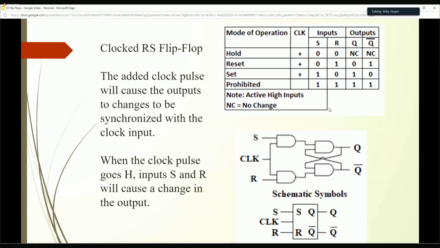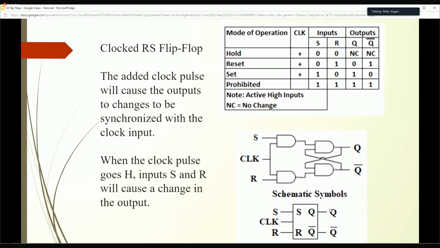Now, just like we saw before in terms of a prohibited state, a 1 on S and a 1 on R, both of these are active high. That would mean the S is saying, okay, set Q to a 1. R is saying reset Q to a 0. And Q can't be both, right?